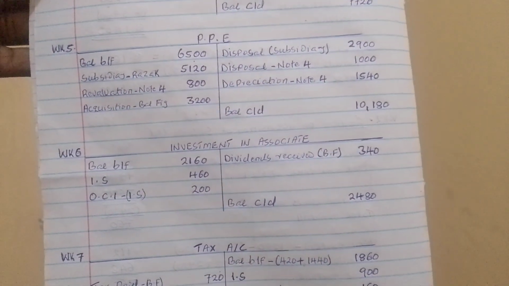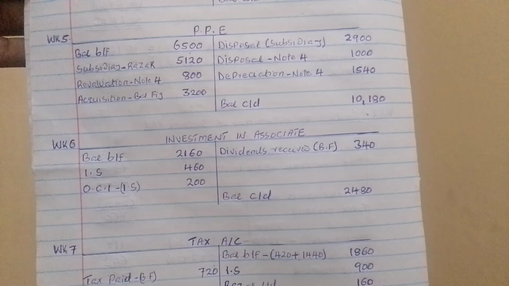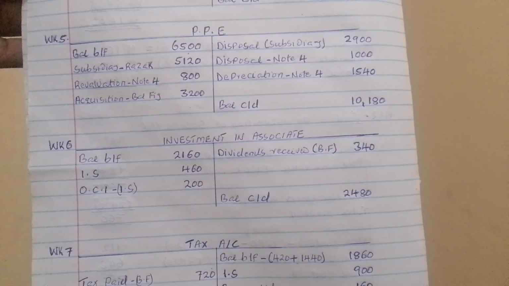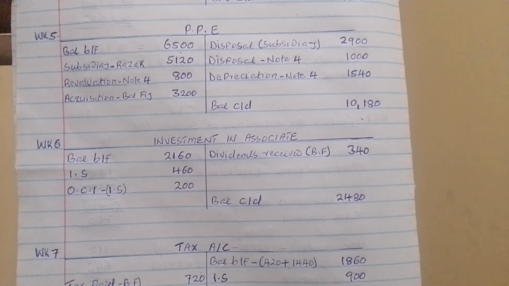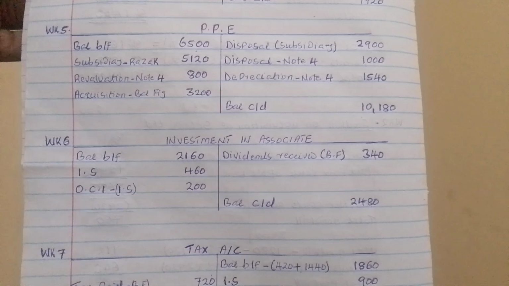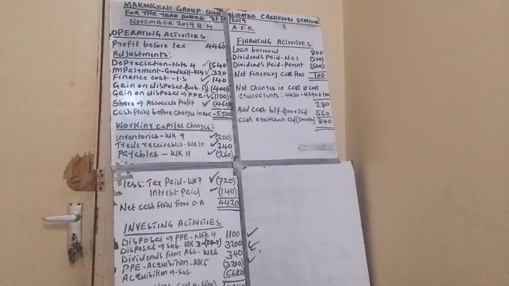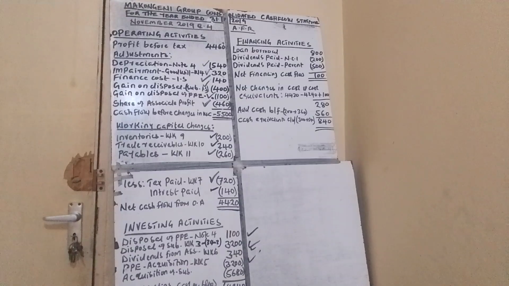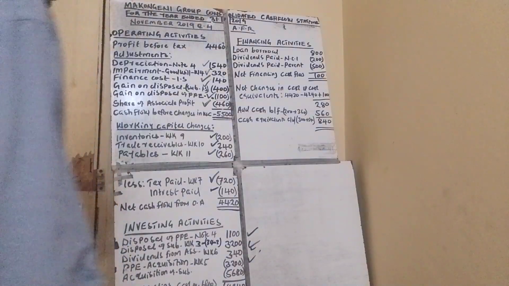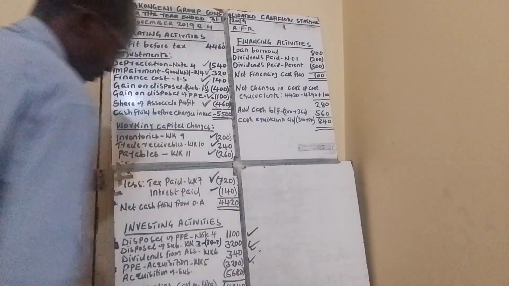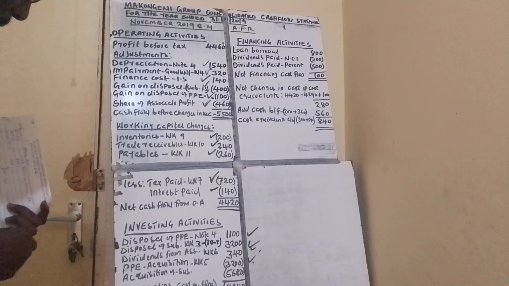The balancing figure is on the debit side, that 200. If the balancing figure is on the debit side, it means our assets are increasing, because we purchased more. So there was money out.